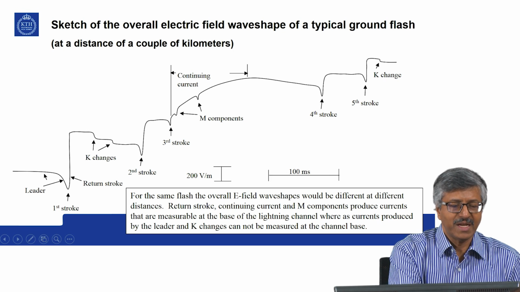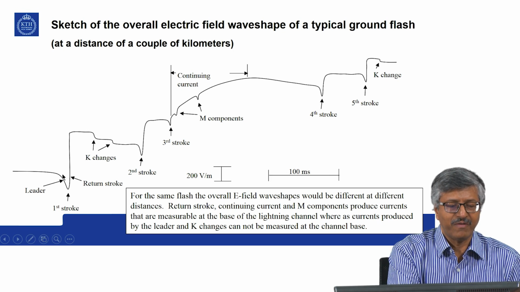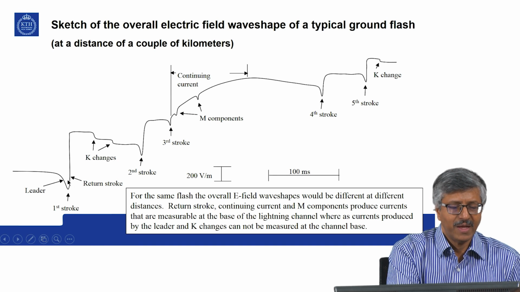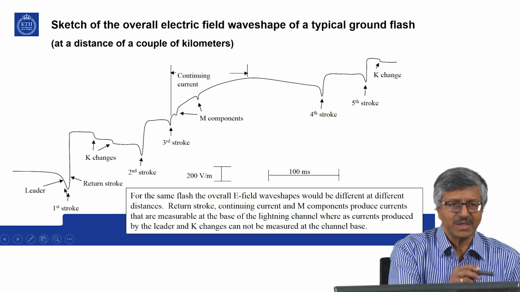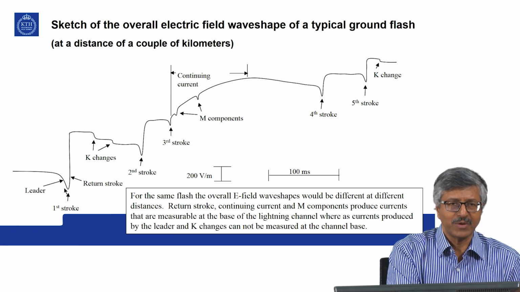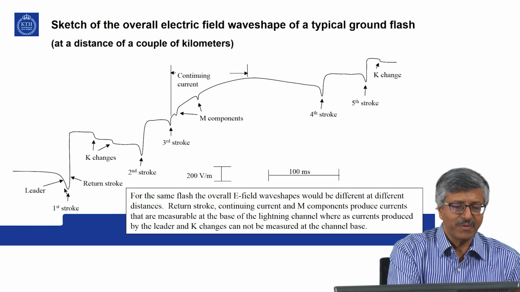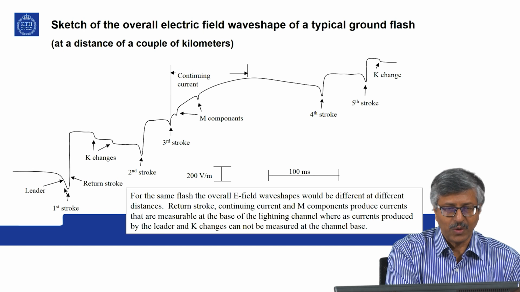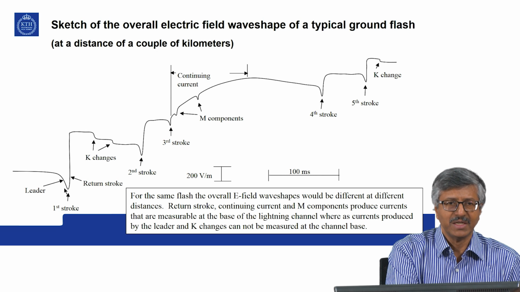The speed of the leader may be of the order of 10 to the power of 5 to 10 to the power of 6 meters per second. Then once it comes very close to the ground, there will be upward leaders going from objects on the ground which will connect with this downward leader, and you get a return stroke, which is a very fast rising current.